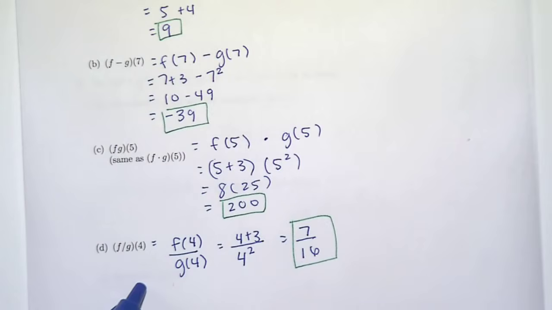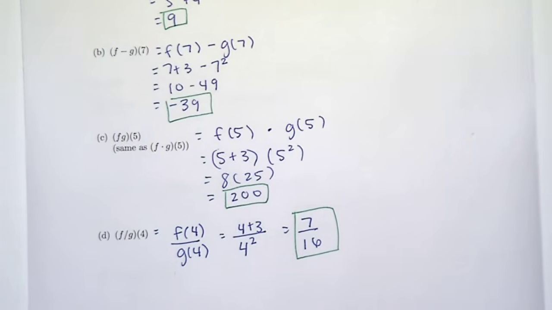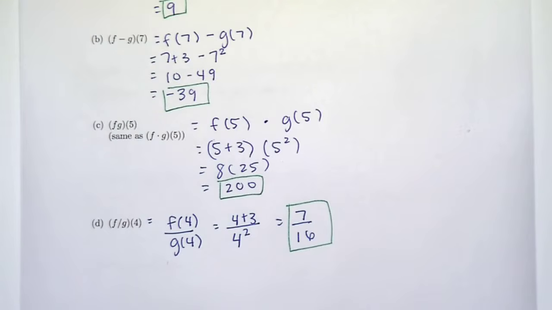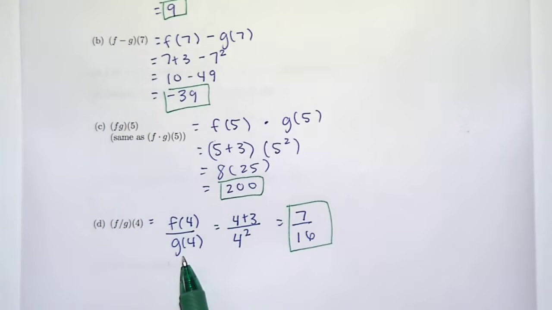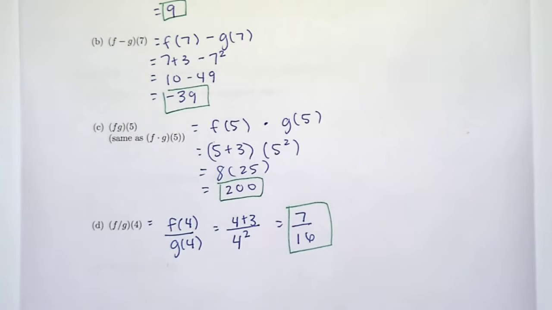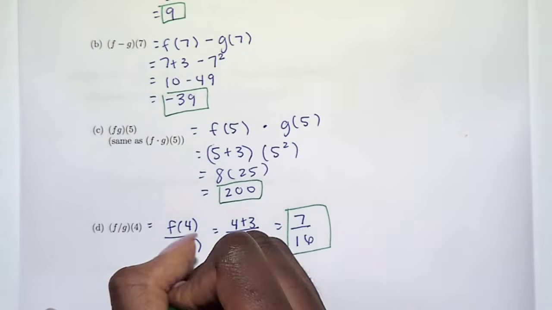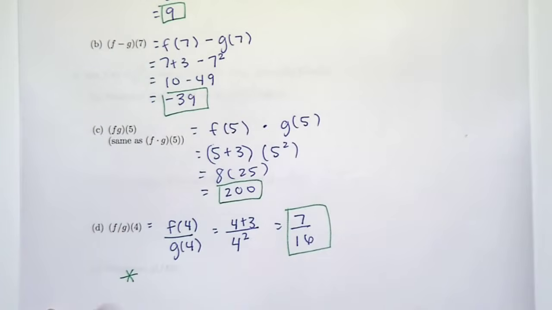Could there possibly ever be any issues with dividing two functions? Could anything go wrong here? What if g of 4 was 0? Then we'd be dividing by 0 and it would be undefined. All right, so I'll put a little note here.